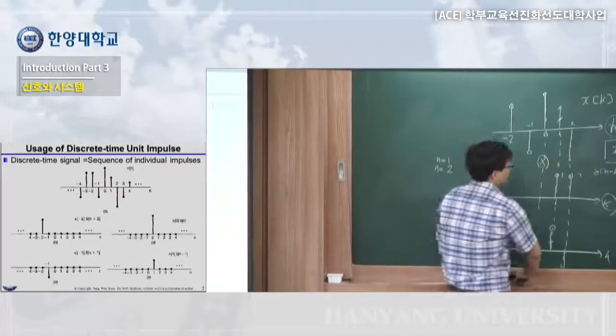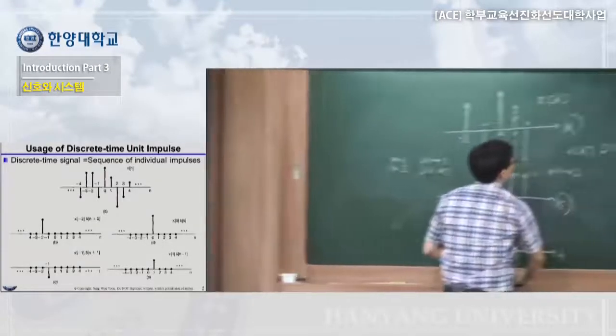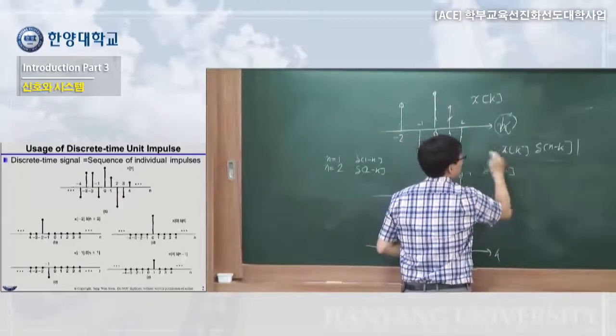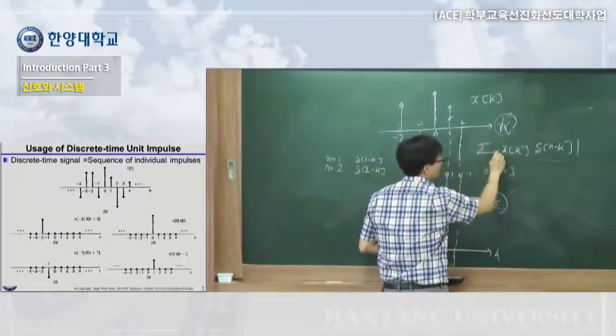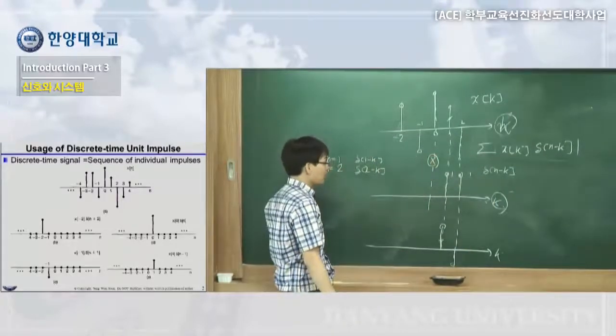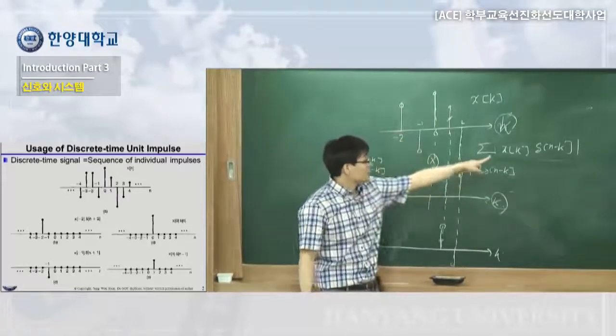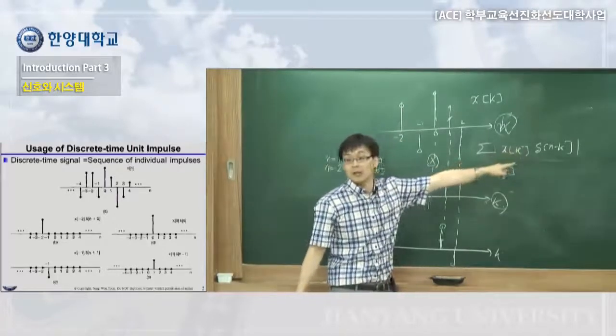And what we learned on the last page, if we add them together from minus infinity to infinity, this multiplication is what?